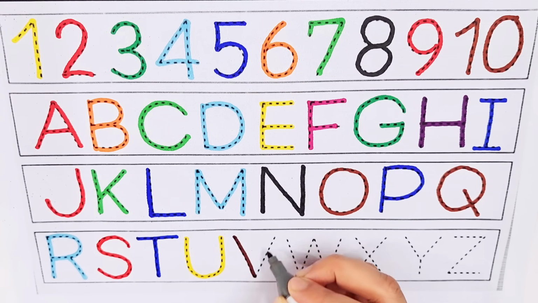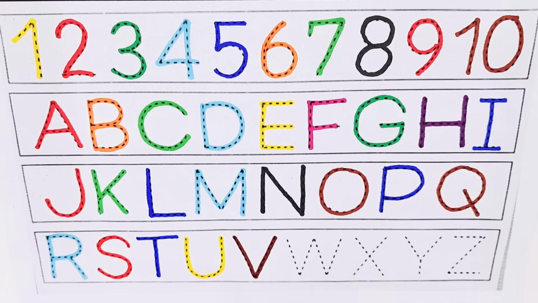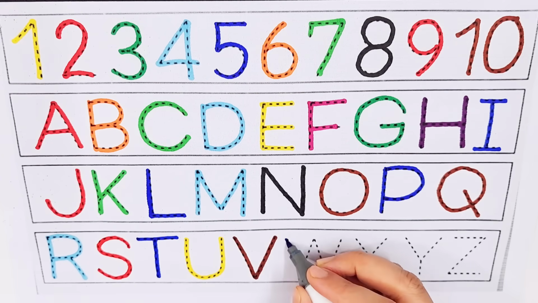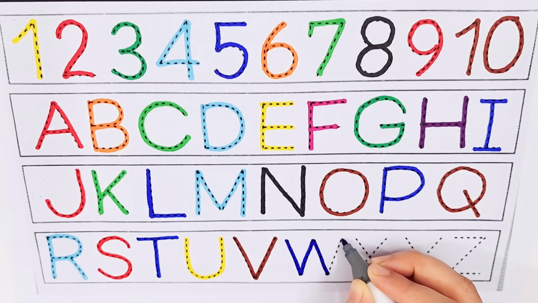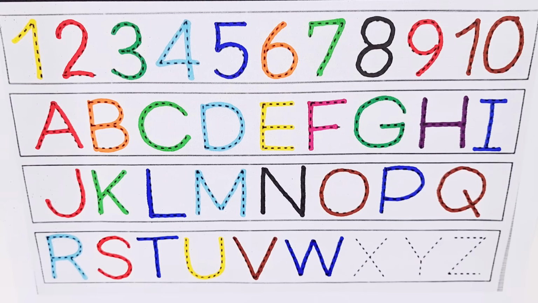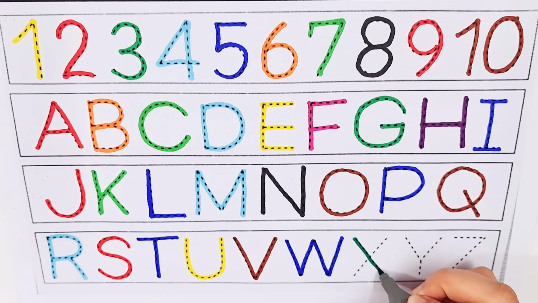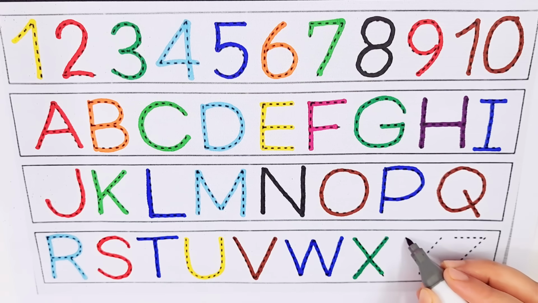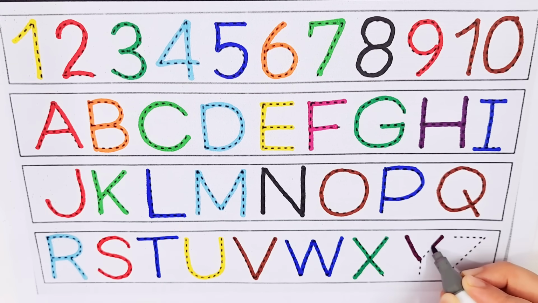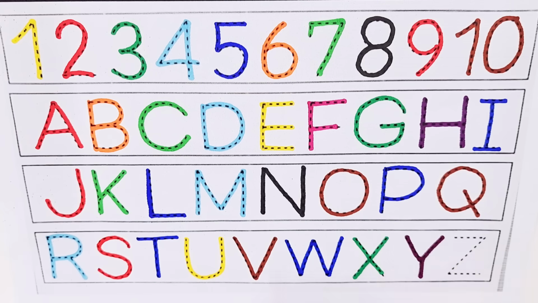V for vanilla. W for watermelon. X for X-ray. Y for yam. Z for zero.